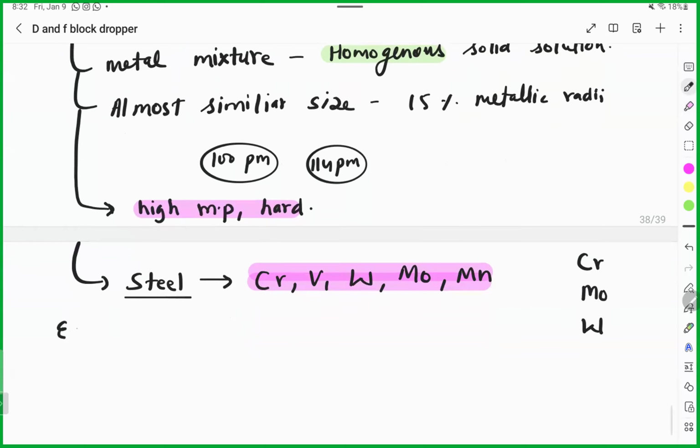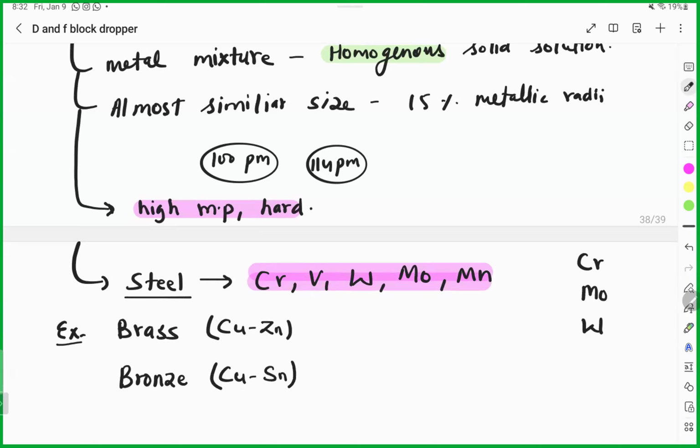Example, brass. Example, bronze. Sania, what is the difference between brass and bronze? So both have copper as a constituent, but along with different metals. Correct.